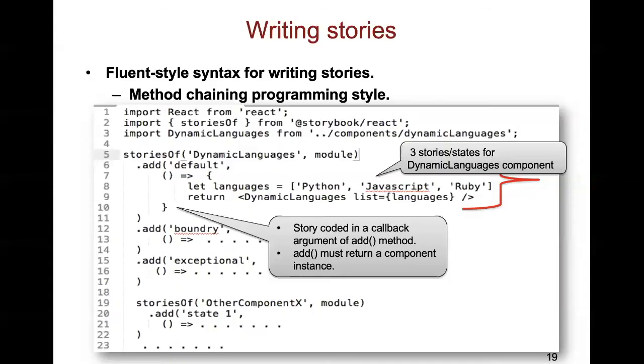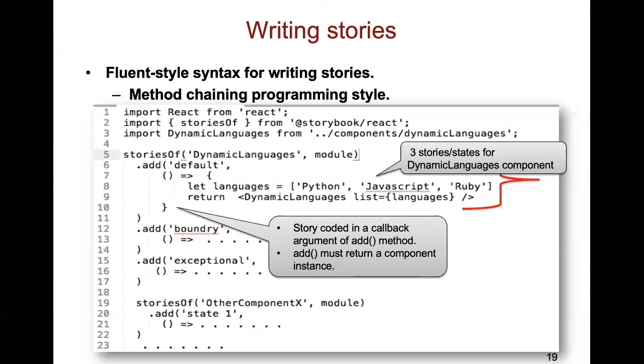So as a developer, this is the stuff that you have to write in terms of your stories, as well as the components. And as I said, it does look quite ugly, but you get used to the flow of it after a while. I mean, a lot of it is boilerplate, apart from what you put into the callbacks. And usually there is very little in the callbacks, as it turns out.